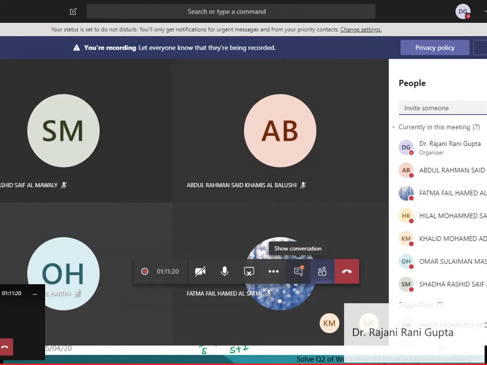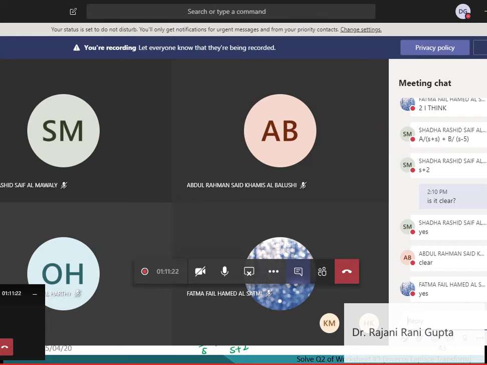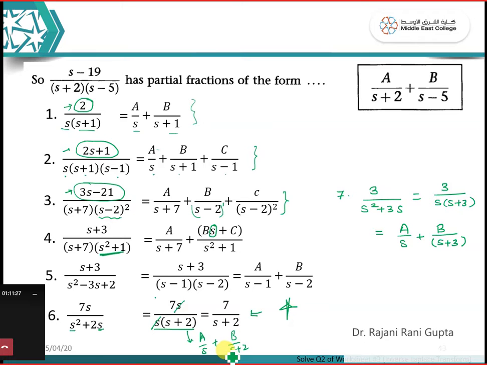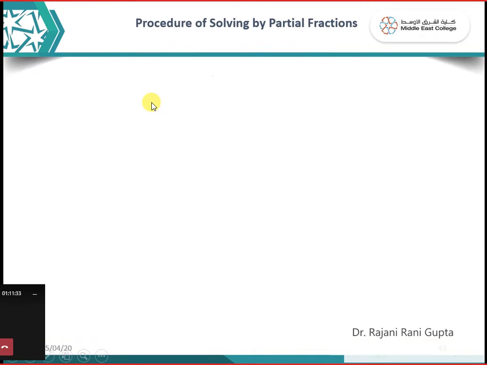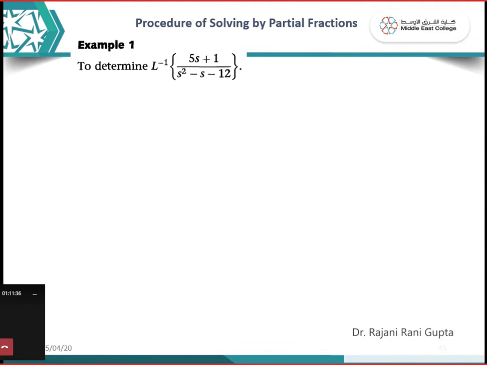Okay, then let's move to the next thing, how to start solving these questions. Means what will be the next step, how to find the values of A, B. So for that, the procedure, let's start with this example: s square minus 5s plus 1 over s square minus s minus 12. So first thing is to factorize s square minus s minus 12.